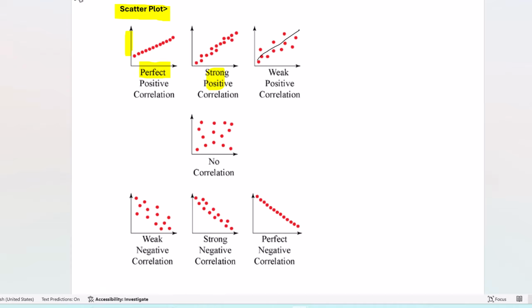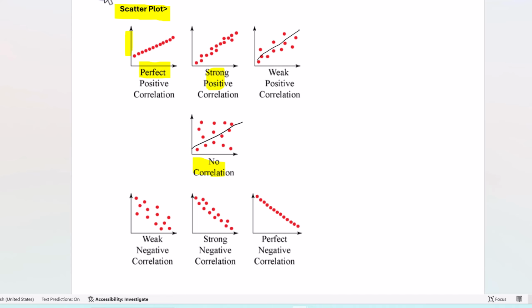And here there is no correlation, because if you put a line here, nearly all points are away from it, and there is no line fitting these points. Therefore, this correlation is very weak, or no linear association, or nearly zero correlation.